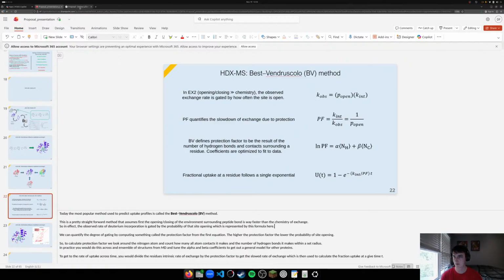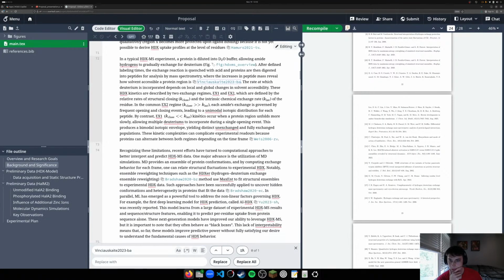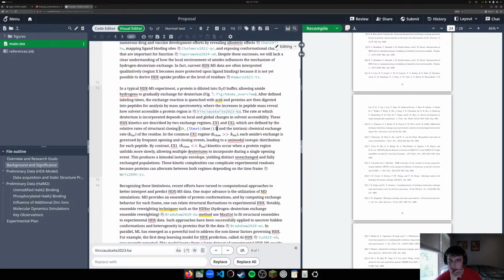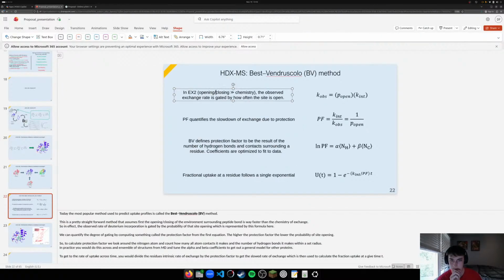I think I have a better way of explaining this in the paper. Structural closing. Yeah, so let's stick with that.